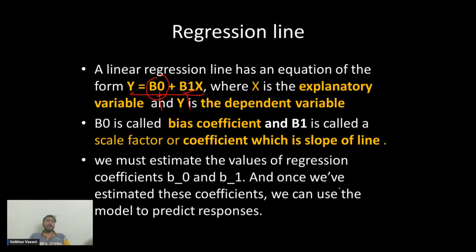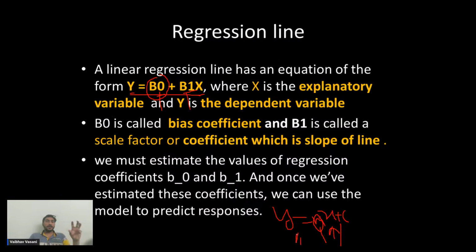Once we estimate these coefficients, we use the model to predict the responses. We take the new value of x, because we have the values of y and c with us. We just have to place the value of the new x, and we get the new y.